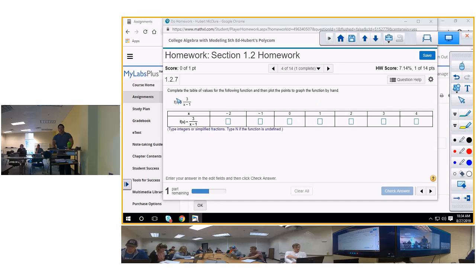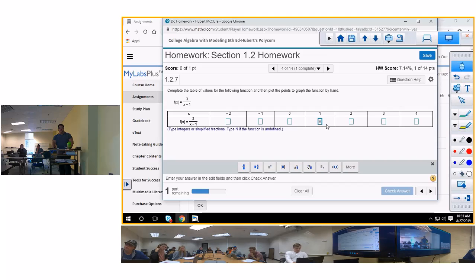So what will give you 0? A 1. So this is undefined. So anytime you have a radical with an even index or a rational, a fraction with the variable in the denominator, the domain is affected. So you would put undefined right here, or capital N.